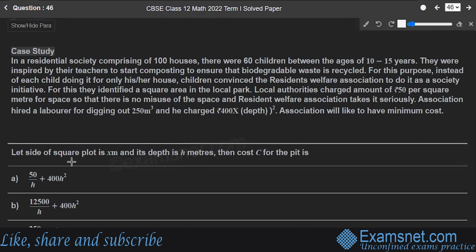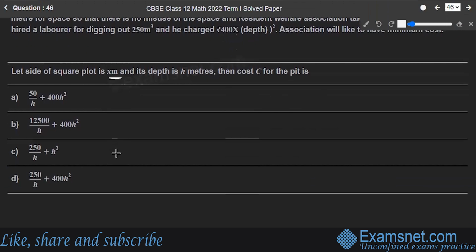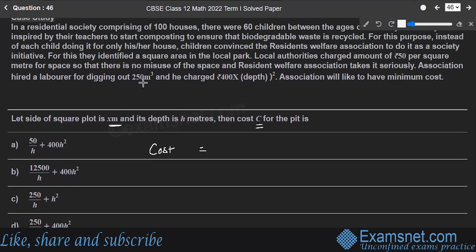Fine. See, for the square plot, the side is given as x meters and the depth is h meters. You have to find the cost C. So cost will be given by, see over here, the association hired a labor for digging out 250 meter cube of volume, multiplied by rupees 50 per square meter.